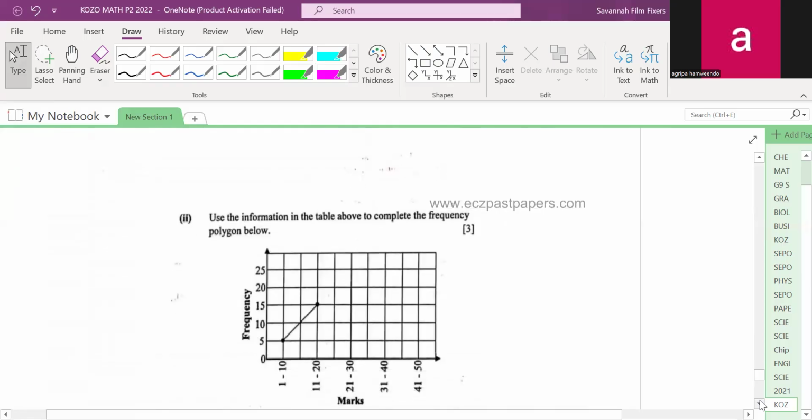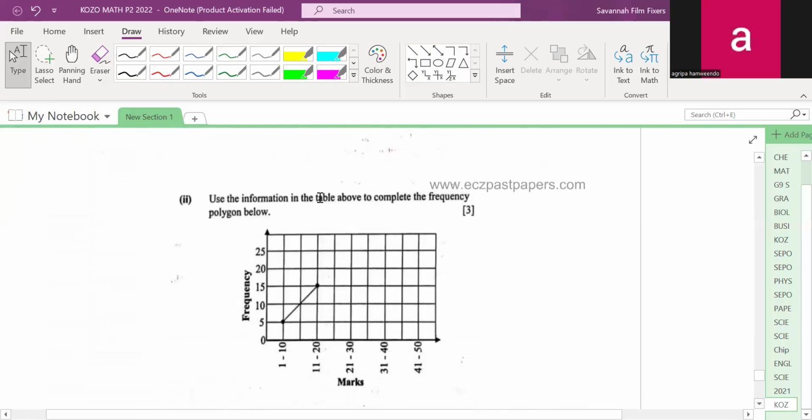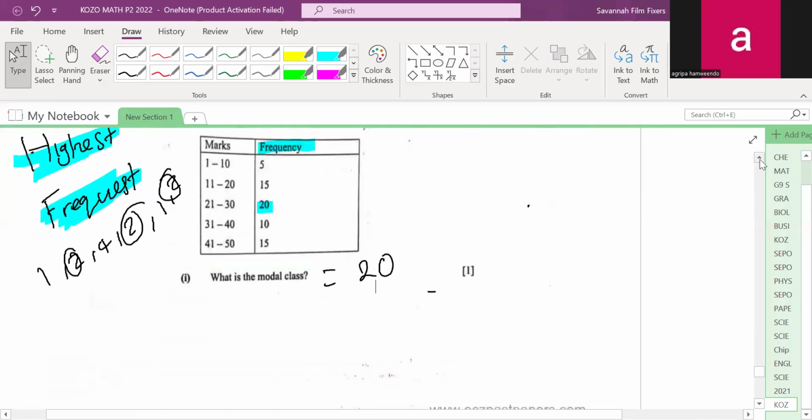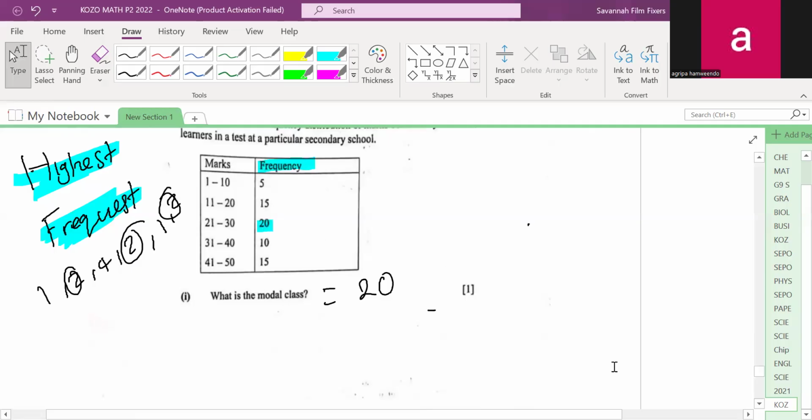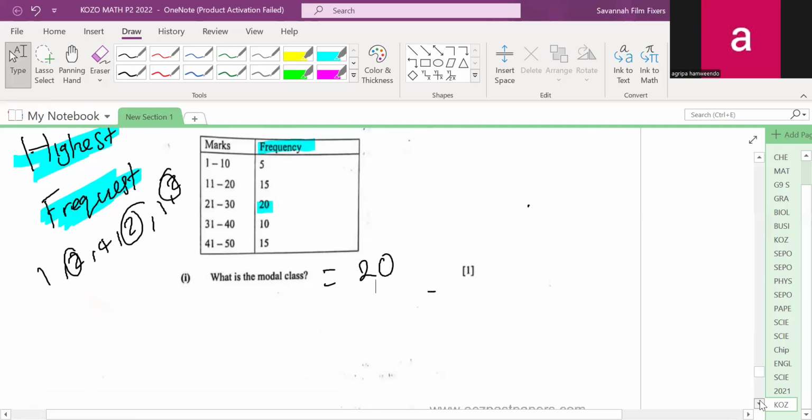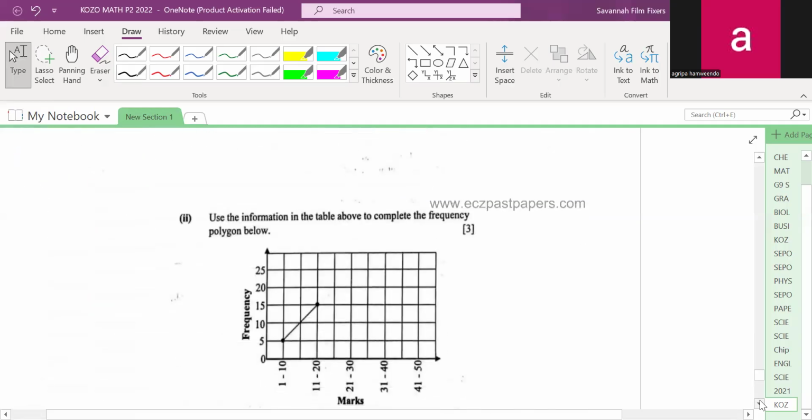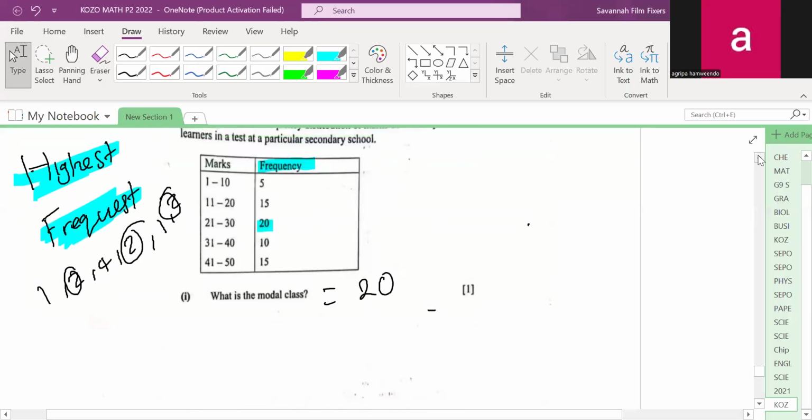So we move on. Using the information in the table, complete the frequency polygon. So this interval is at 5. 11 to 20 is at 15. You can see it here. 21 to 30 is at 20. So this one here is at 20. Then 31 to 40 is at 10.